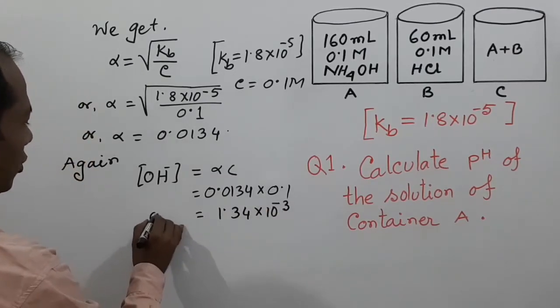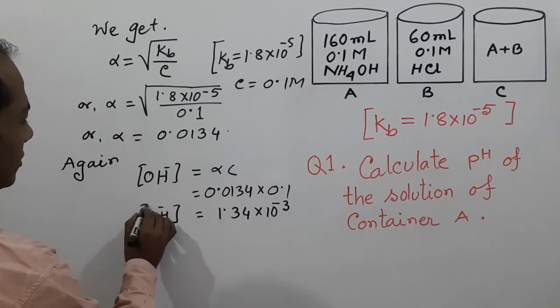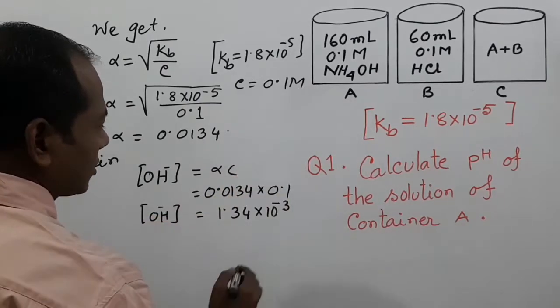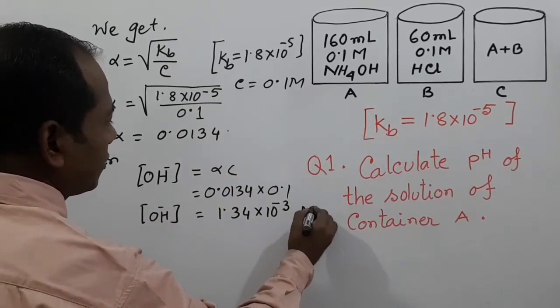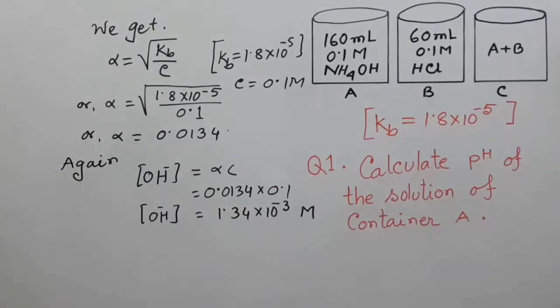So the molar concentration of hydroxyl ion of this ammonium hydroxide is 1.34 into 10 to the power minus 3 molar.